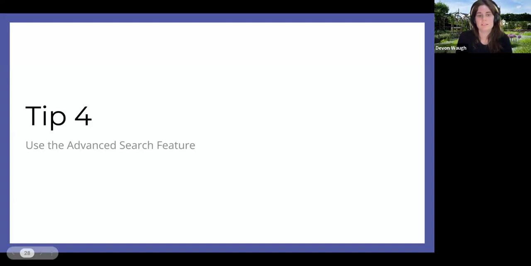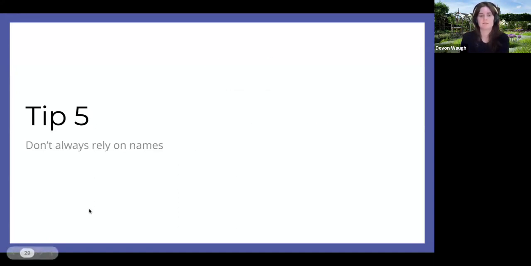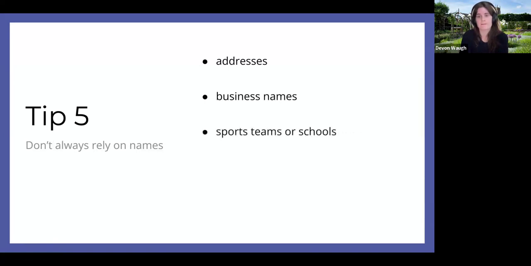Tip 4, so using the advanced search feature, specifying your newspaper or your location can be particularly helpful if you're trying to find a person. Specifying date range, make sure to put quotation marks around full names. I forget this sometimes, and then it gives me crazy results. Don't always rely on names. So addresses, business names or church names, sports teams or schools.